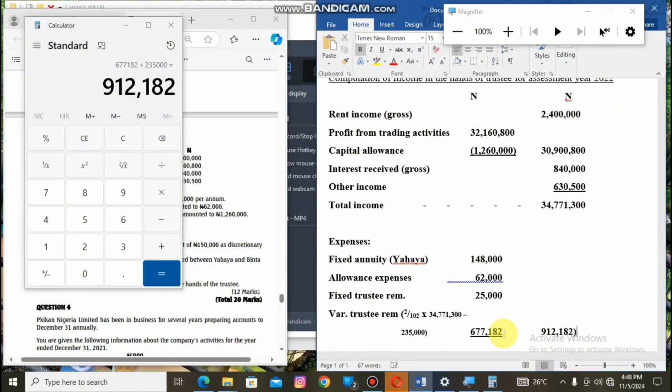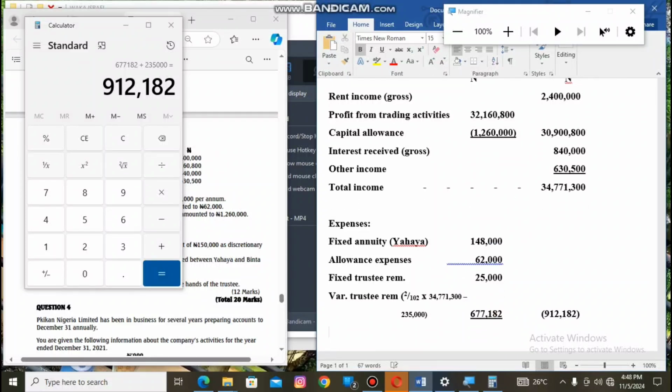So you deduct this now from the total income to get your computed income. Now I bet you if you take 2% of this computed income, 2 over 100 of it, it will give you this 677,182. So this is some of the small adjustments we do. This is also common in financial reporting, no markup and markdown. These are very common things we do. You understand?